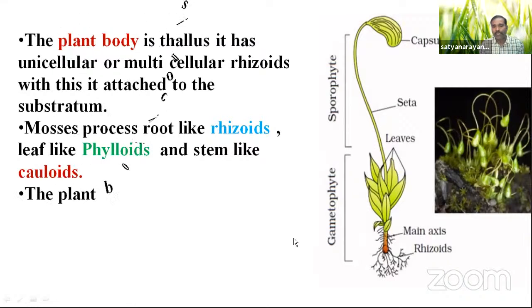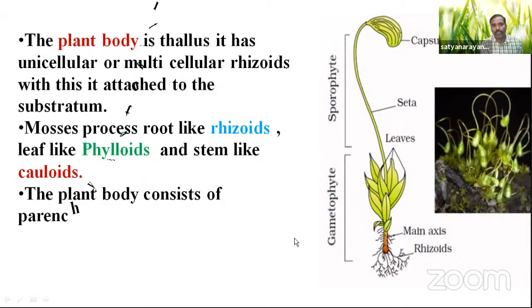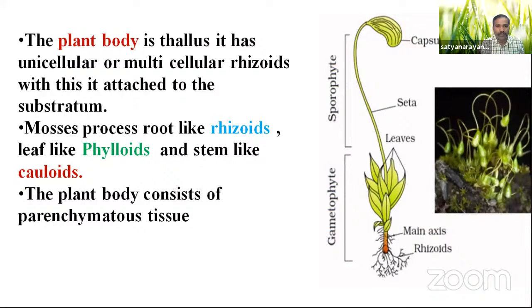If you observe the TS of the plant body, generally the plant body is mostly made up of parenchymatous tissue. Parenchyma is a soft tissue. In parenchymatous tissue, chlorenchyma and aerenchyma are present. In bryophytes, the chlorenchyma and aerenchyma are mostly present in phylloids, and in some bryophytes the chlorenchyma tissue is present in the rhizoids also.